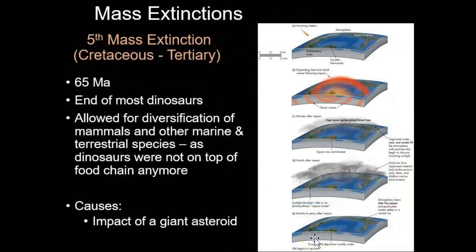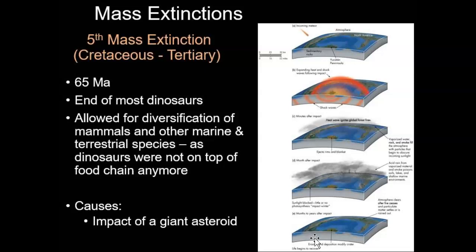It is thought that if such an event were to occur today, it would probably mean the end of humans. That's pretty much a known thing. And much of today's diversity would probably go extinct as well, which would lead to a mass extinction just like the one they saw 65 million years ago.